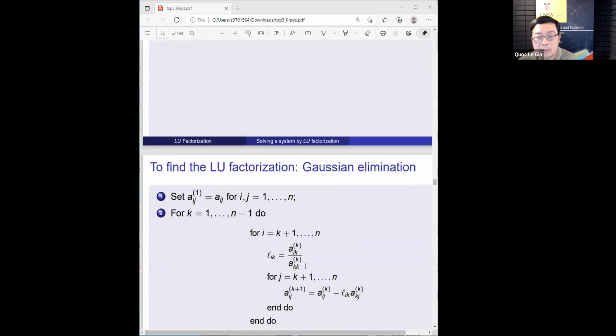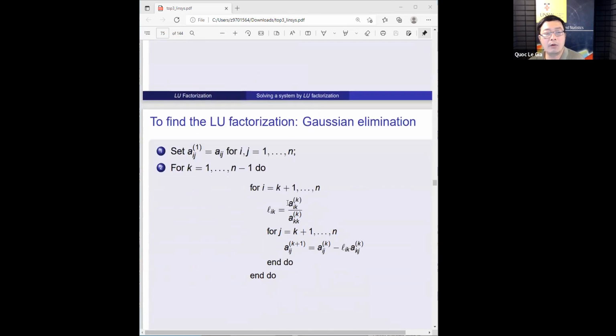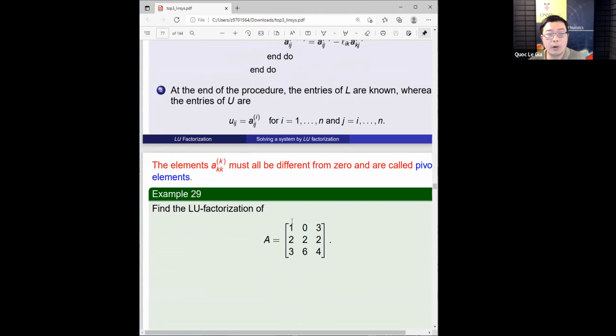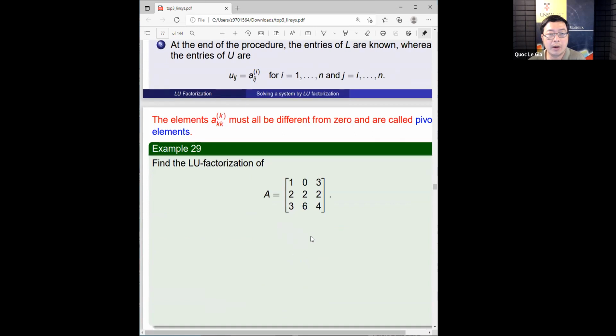So this is the algorithm. Essentially what you are doing on a piece of paper can be written as a few lines of MATLAB or Python or C language or whatever computer language. And L is made of the factors when you apply the row operations. We computed the LU factorization of this matrix on paper.